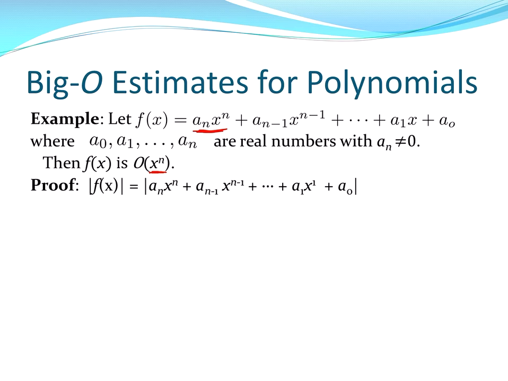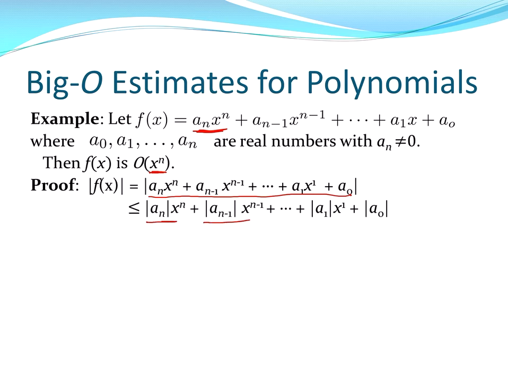We'll take the absolute value of both sides, and note then that if we have the absolute value of a sum of terms here, well, by the triangle inequality, that is less than or equal to the sum of the absolute values of those terms.